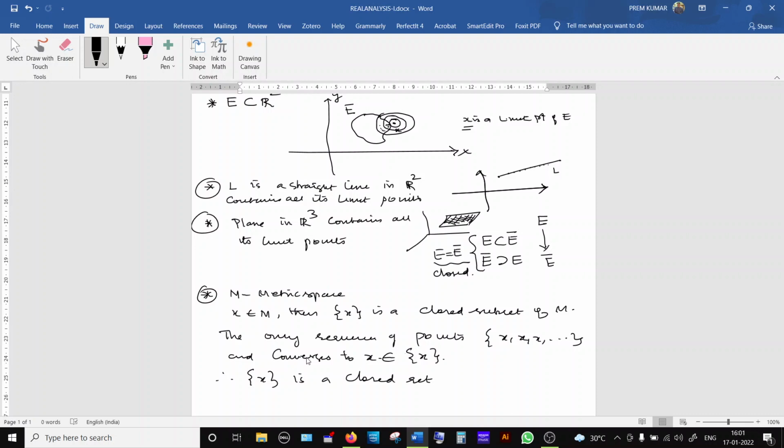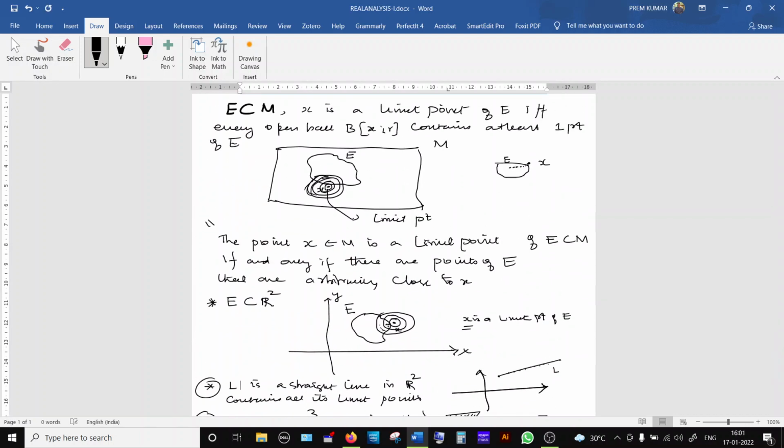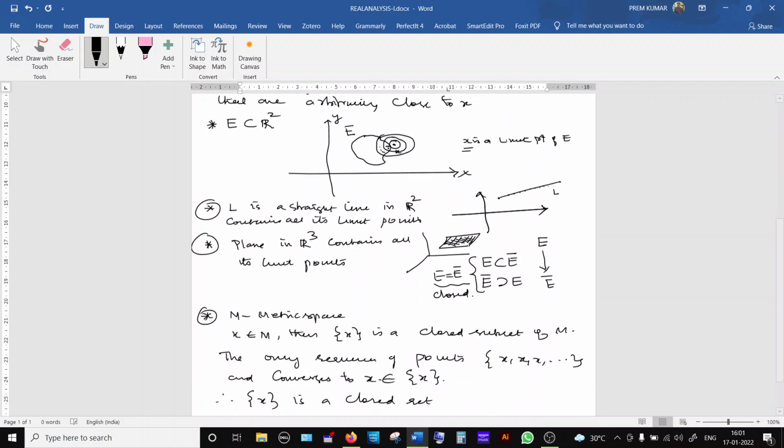So the limit point, which is x, is inside the singleton set itself. So in any metric space, singleton sets are closed. This is one small result.